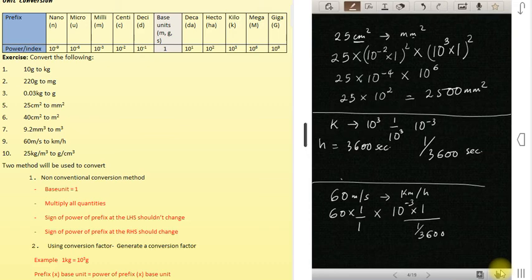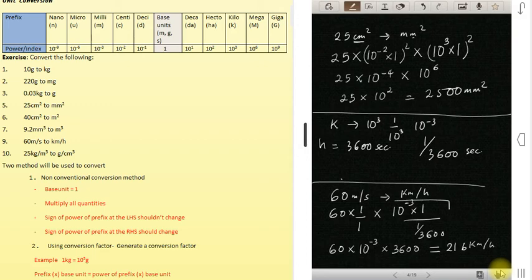Alright, so this implies that I'm going to have 60 times 10 to the power of negative 3 times 3600, okay, which will leave my result to, that'll give me 216, I think, 216 kilometer per hour.